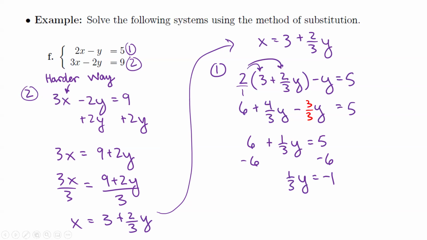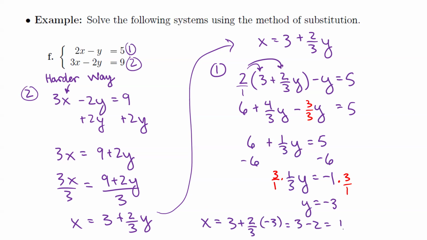And then, of course, if you want to get the y by itself, multiply by the reciprocal on both sides. So all that work to get y is equal to -3. And then, of course, x equals 3 plus 2/3 times -3 would give me 3 minus 2, which would be 1. So 1 comma -3 is the solution.